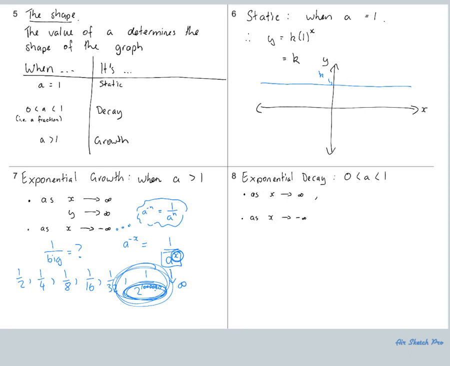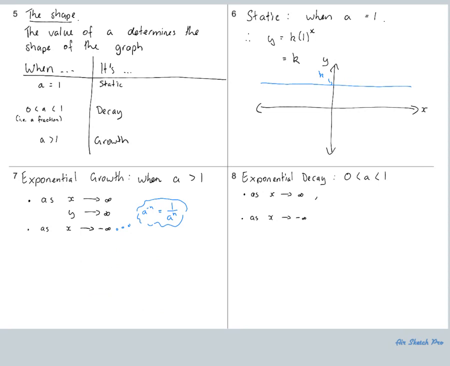Okay. That means that when I'm drawing the graph, and this will answer your question, Jem, when I'm drawing the graph of an exponential growth, as x approaches infinity on this side of the graph, it's growing because y is approaching infinity.